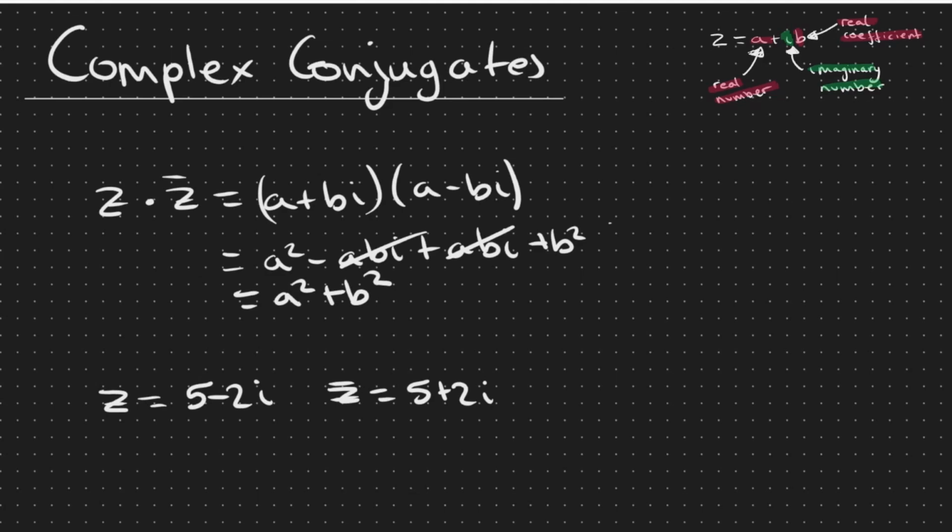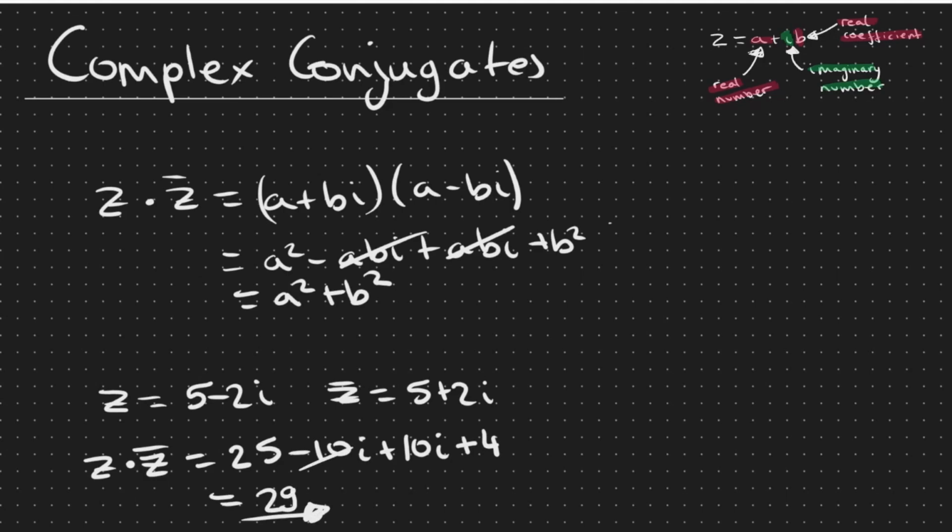If you were to multiply them, you would get 25 minus 10i plus 10i plus 4. And this would leave you with 29, 25 plus 4, because these cancel out. There you go. So the result is purely real.